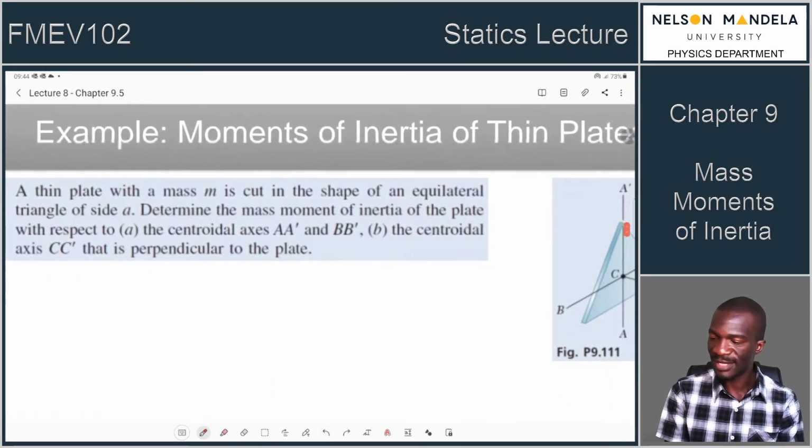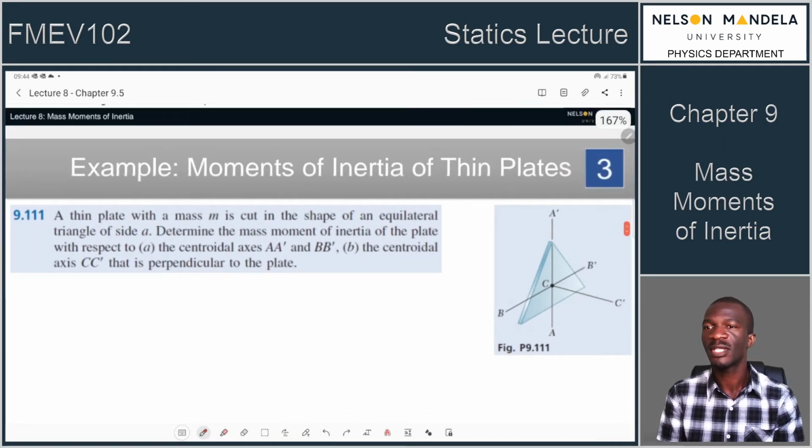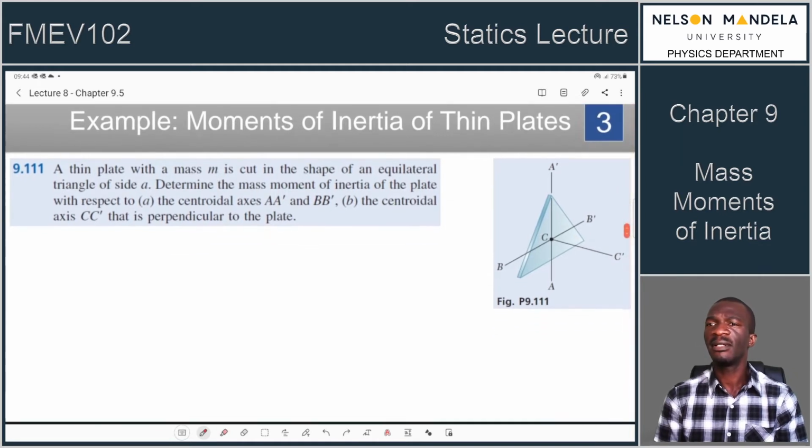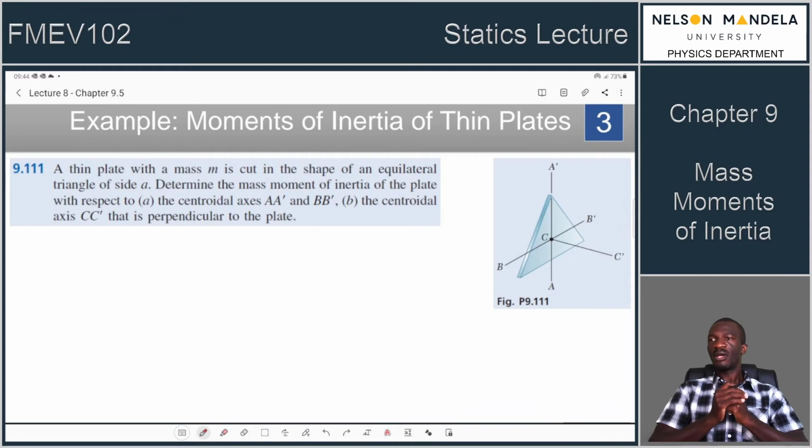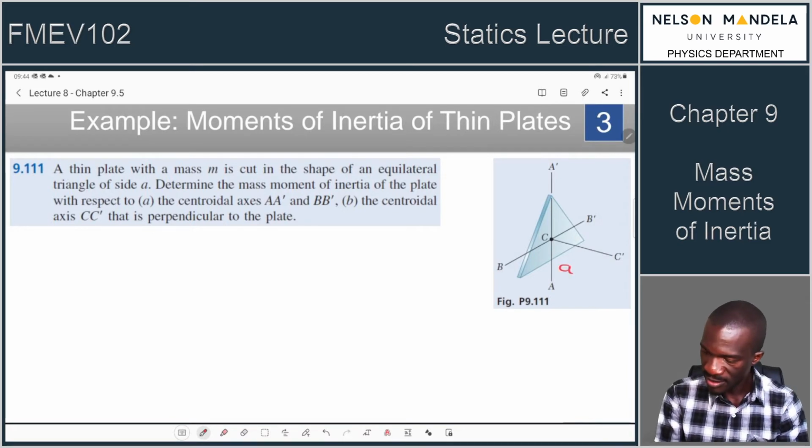Right, so let's look at an example. In this example, a thin plate with a mass m is cut in the shape of an equilateral triangle, side A. Right, so we have side A on all these sides.